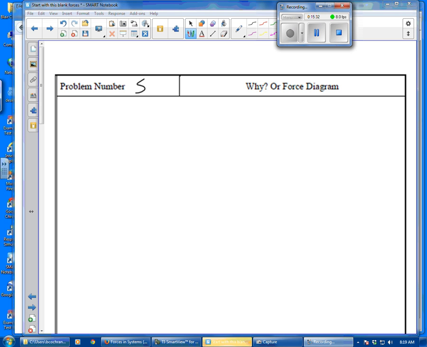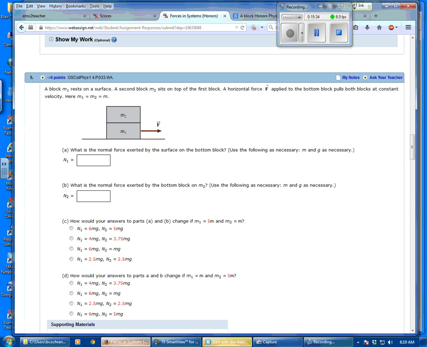All right, so we're going to go on to number 5 here. In 5, we've got the two blocks sitting on top of each other, and they're pulled with a constant velocity. Ooh, so if they're pulled with a constant velocity, do you think there is or is not friction?